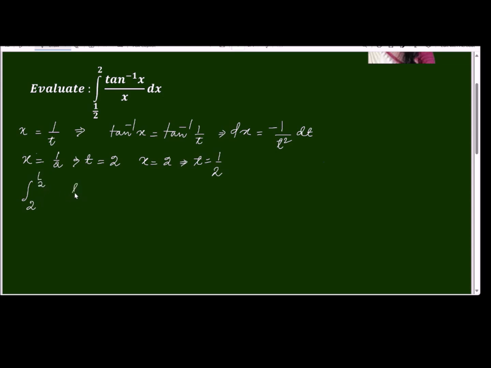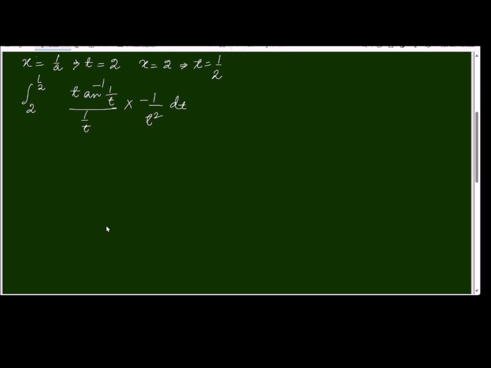It will be tan inverse 1 by t over 1 by t multiplied by minus 1 over t^2 dt. In the next line, this t will be cancelled with t.